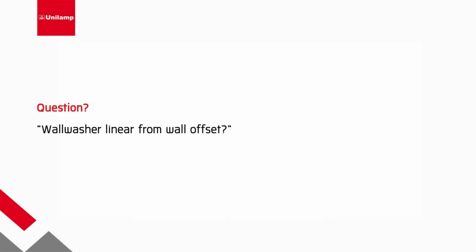So, wall washer linear, for wall offset. This is very subjective. It depends on the beam angle that you are using. But normally, if you want a wall washer, you either need an asymmetrical beam, then you set back around 1 meter. Sometimes there are limitations for the setback.